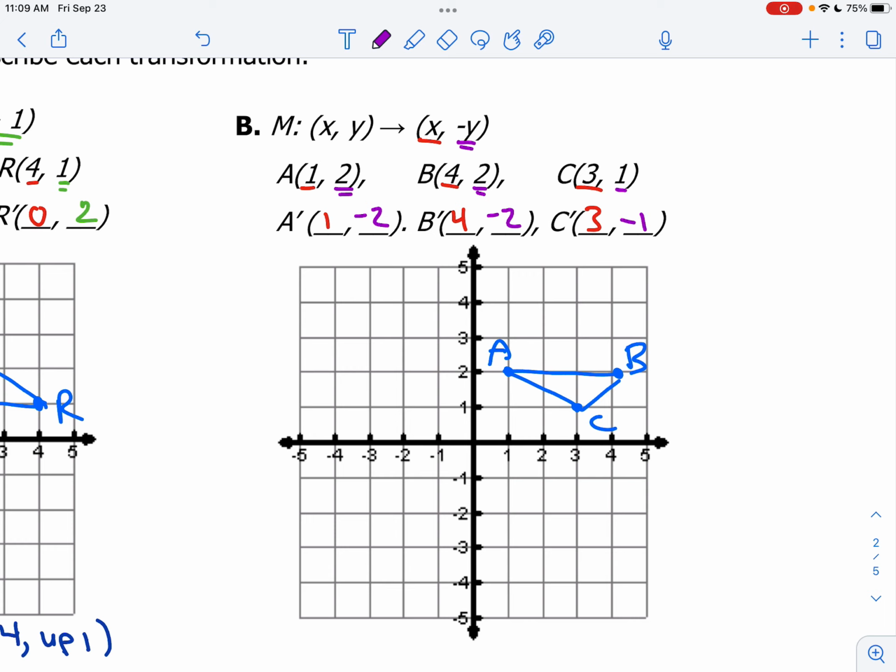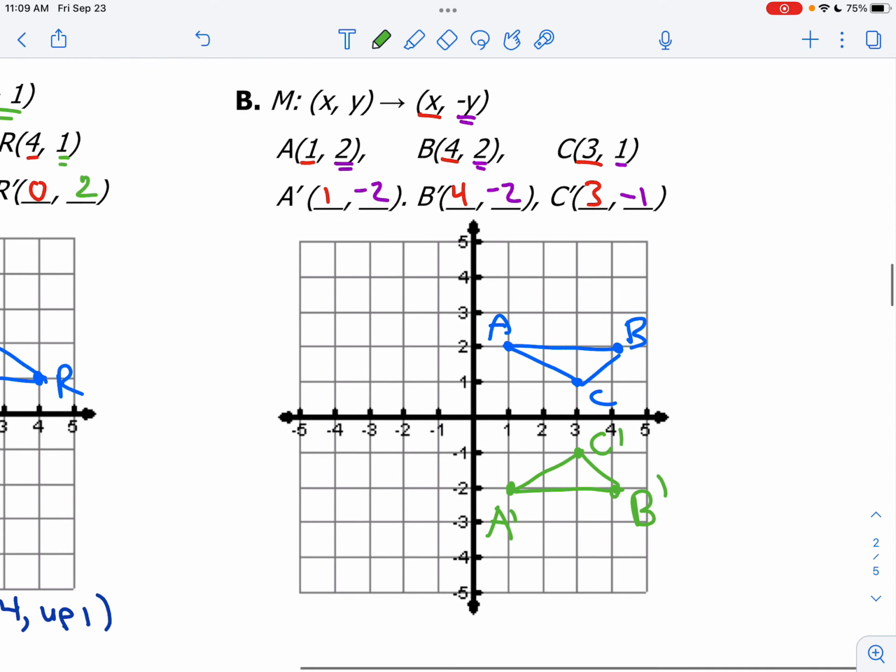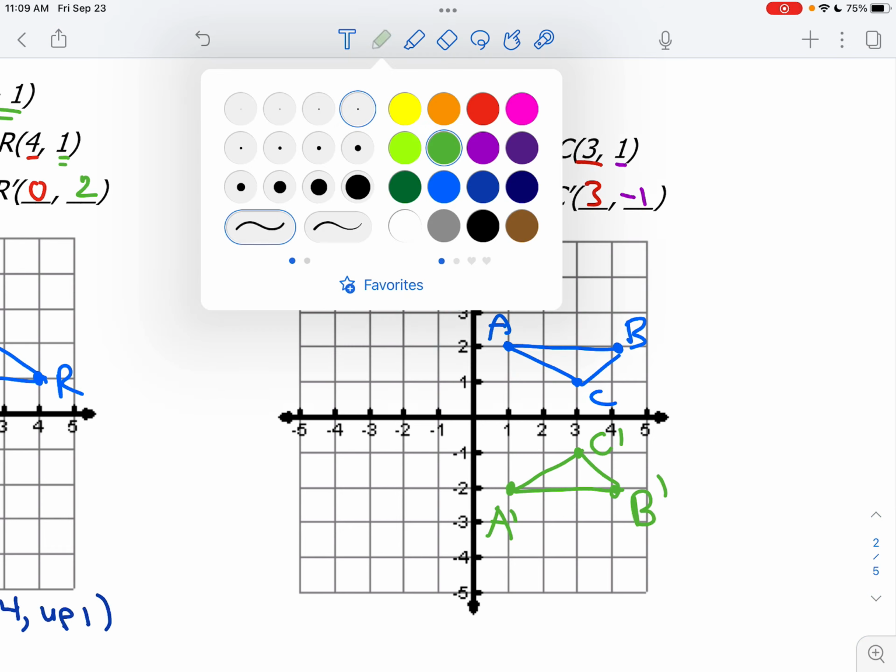So let's see what that looks like. 1, negative 2, 4, negative 2, 3, negative 1. Jump, jump, jump. And let's double check who ended up where. B prime, A prime, C prime. So now ask yourself, what transformation do you see?